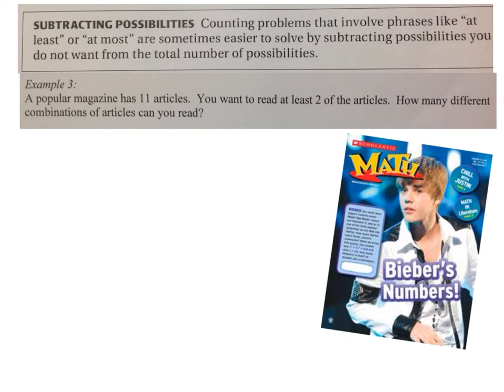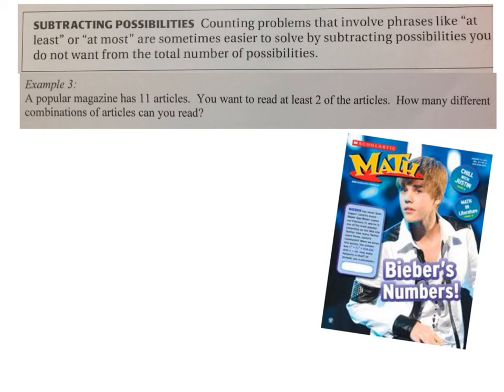You could add up all of those different combinations, or you could just figure out how many combinations there are altogether, but then subtract the possibilities for 0 or 1, because those are the only 2 options you're not going to do. That, to me, sounds easier.